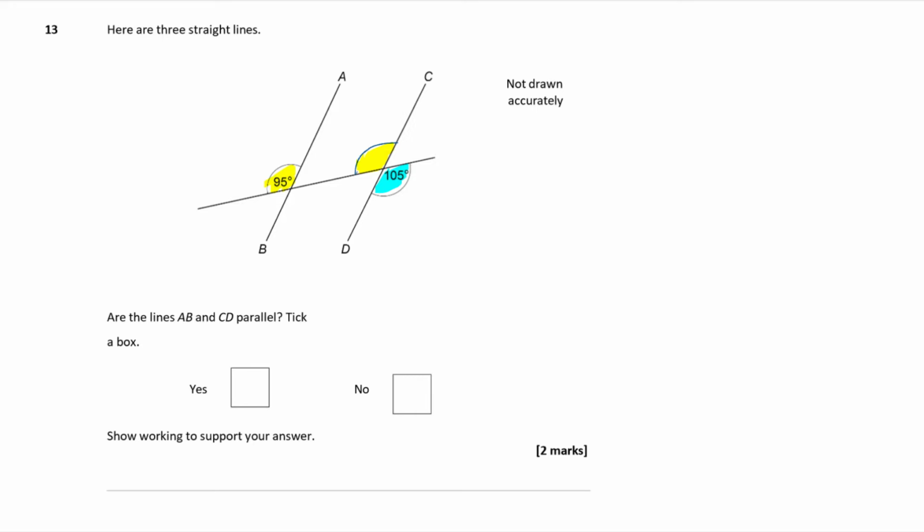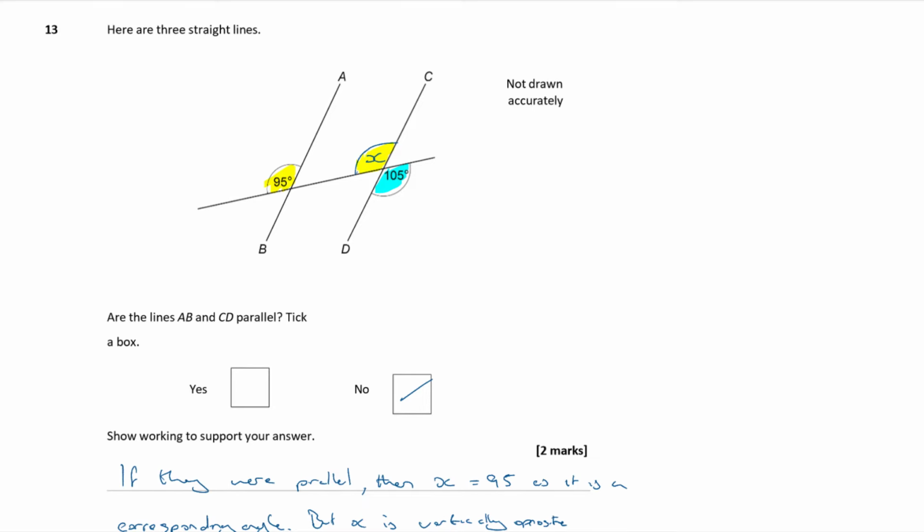Okay, so I'm going to say no, and let's call that X. Okay, and I'm going to say if they were parallel, then X would be equal to 95, as it is a corresponding angle, but X is vertically opposite 105 degrees, so it should be equal to 105.